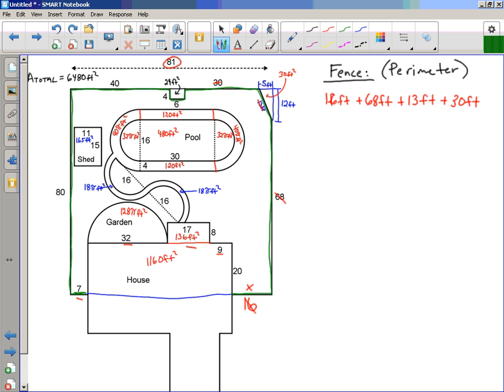And a little tricky spot that a lot of people forget, okay? We got to remember that this was 4, and we went around it. So that's 4 feet, and then 6 feet, and then another 4 feet, and then a 40-foot section. Okay? And then an 80-foot stretch.